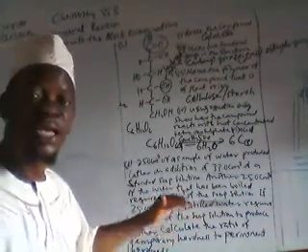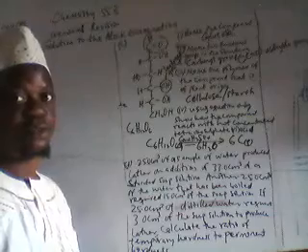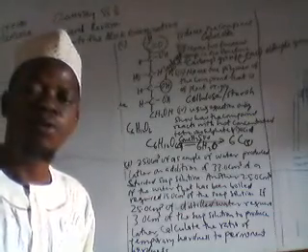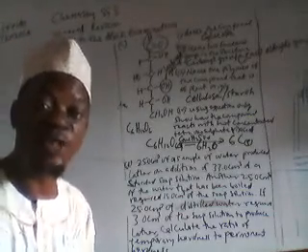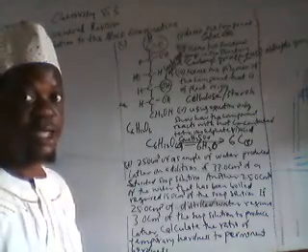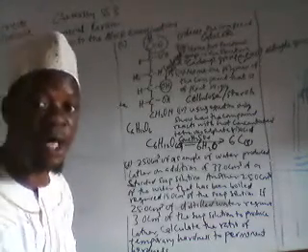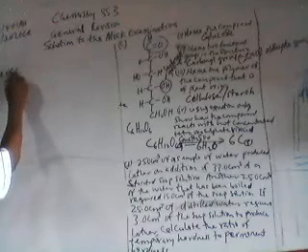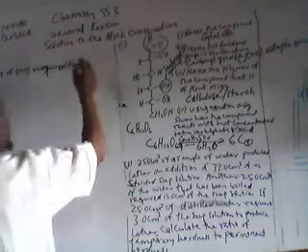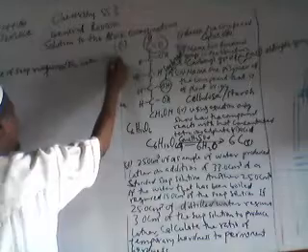Now, there are 3 stages in the question. First, soap solution was added to the raw sample of water, and we got the volume of soap solution required. Volume of soap required for water, ordinary water, is 33.0 cm cube.